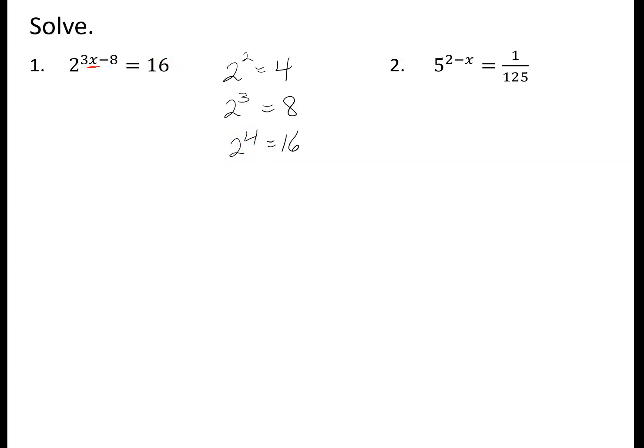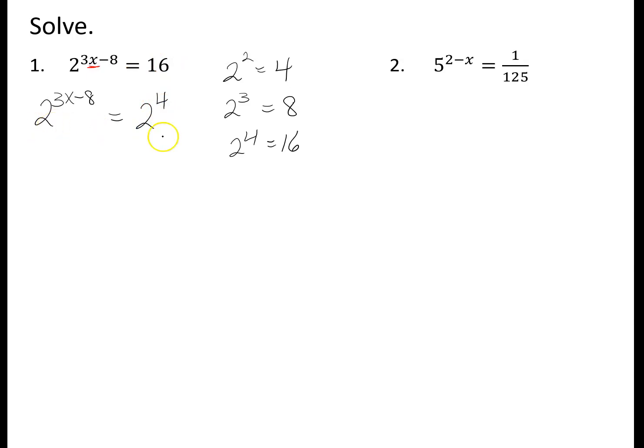We did this concept, I believe in the last section, when we were trying to use property 3 and we needed to rewrite a number with a certain base. So this is that same idea. We're going to come back over here to our equation. I'm just going to rewrite the left side, but on the right side I'm going to replace the 16 with 2 to the 4th power.